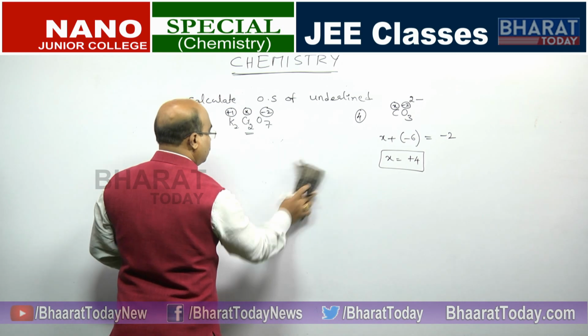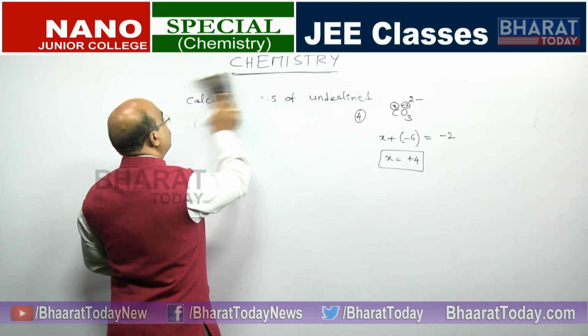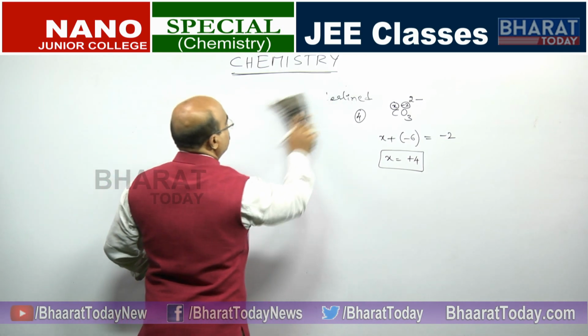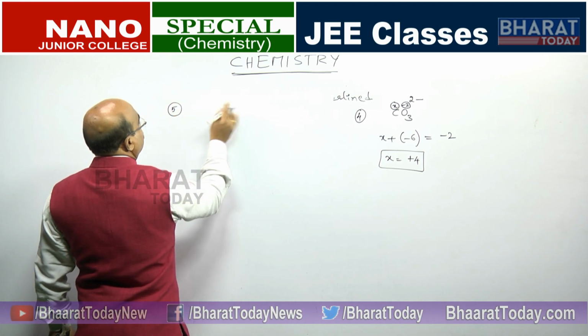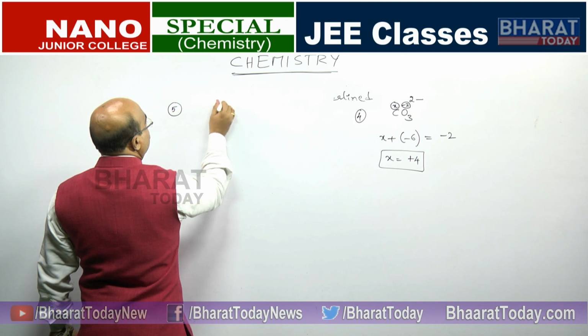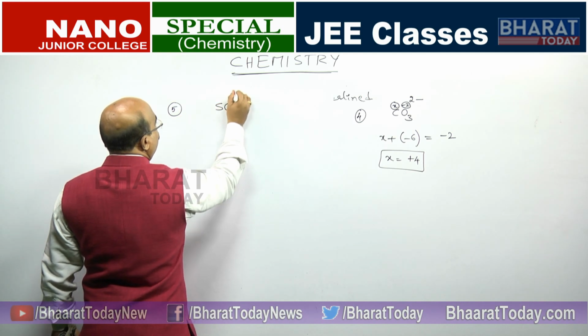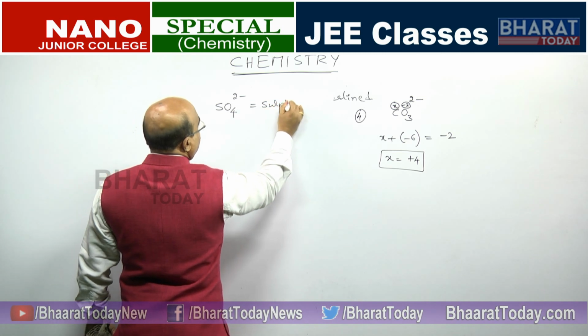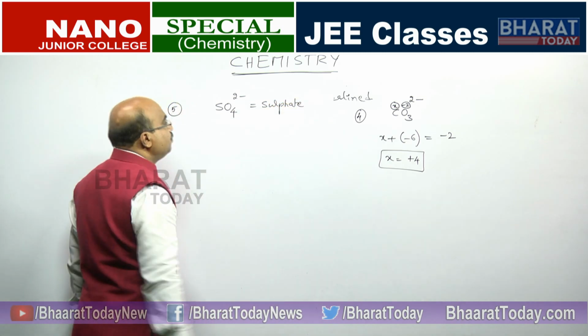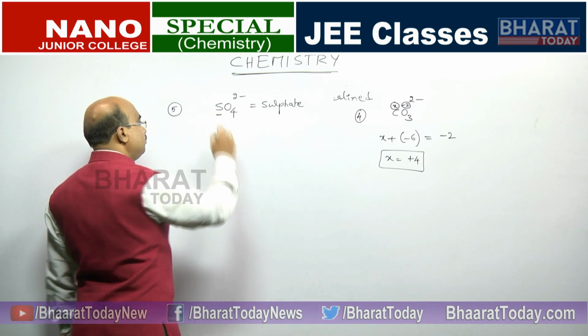So today we will practice only these questions. The next one we have is SO4 2 minus, which is called the sulfate ion, on sulfur.